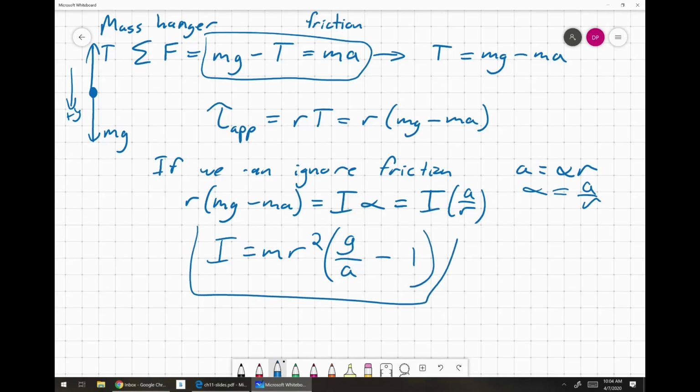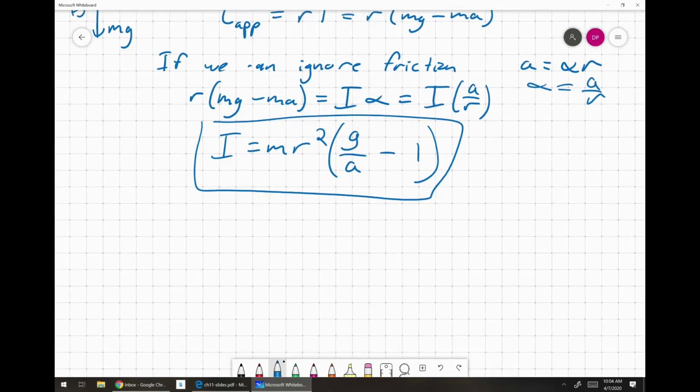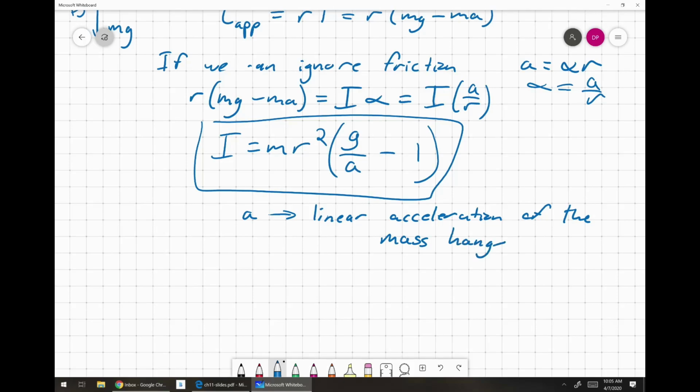And so this is the equation that we're going to use in order to actually find the values of the moment of inertia of our different objects. What we can do is just measure the a here, which is our linear acceleration of the mass hanger. And we can measure this using our Tracker software.